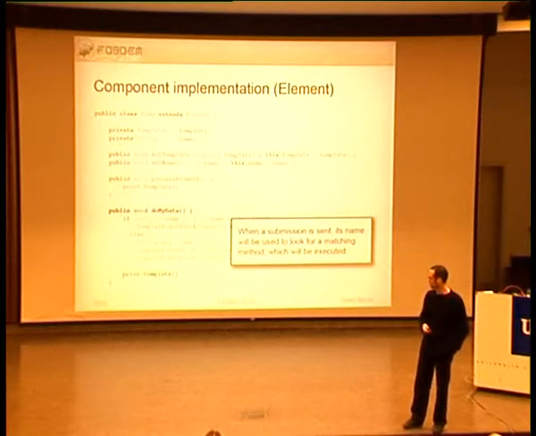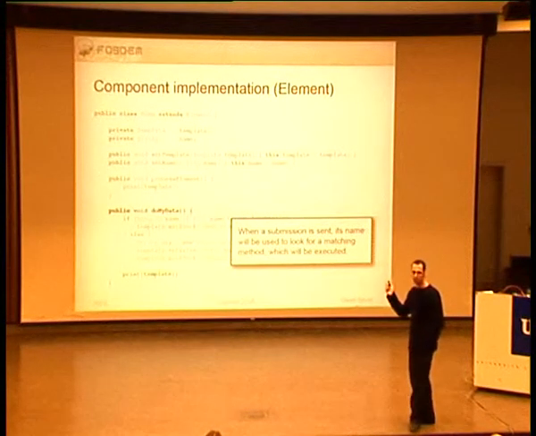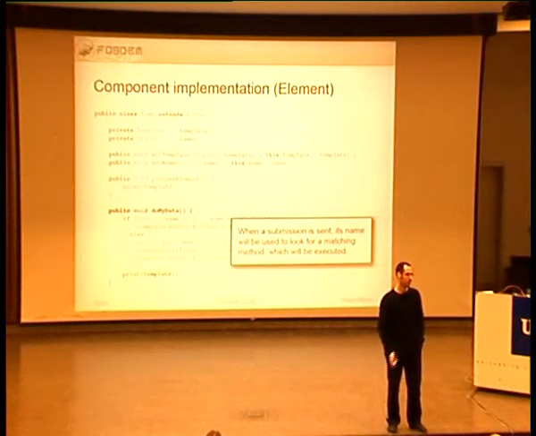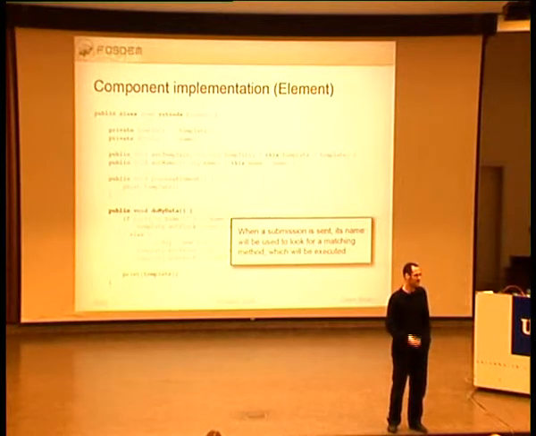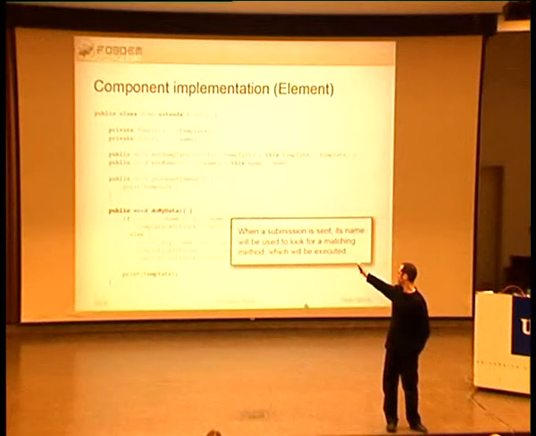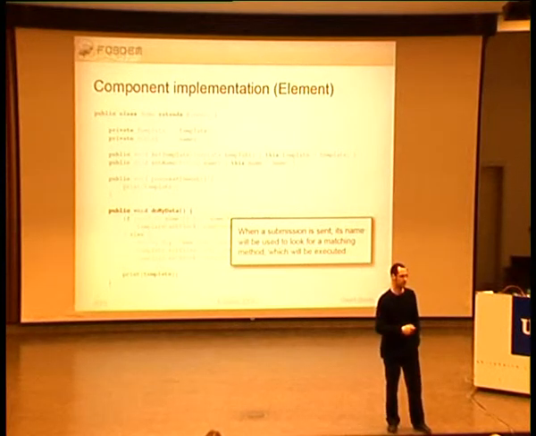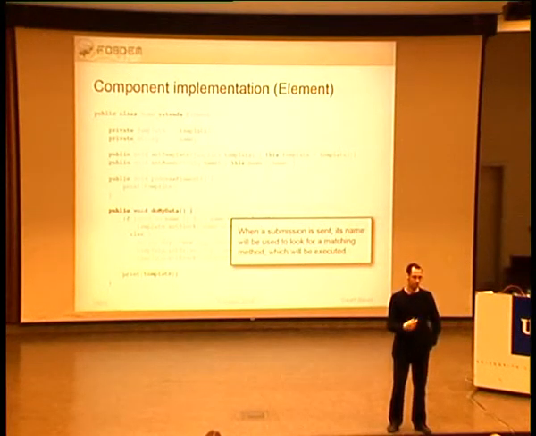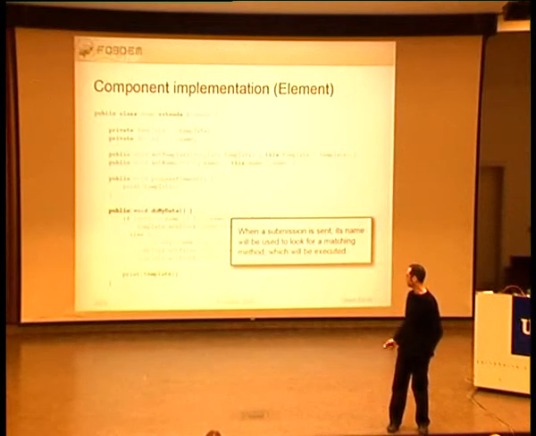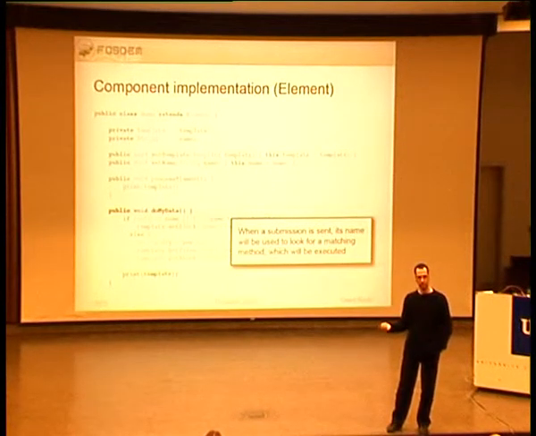The name was my data. And RIFE will look up methods that are called do, and then the name of the submission, and execute that automatically. Now, this is not mandatory. If you don't like this, you can just do if then else inside your process element method and handle this manually. But this is a nice way to split things up. So at the end of the form submission, it will print out the template again.